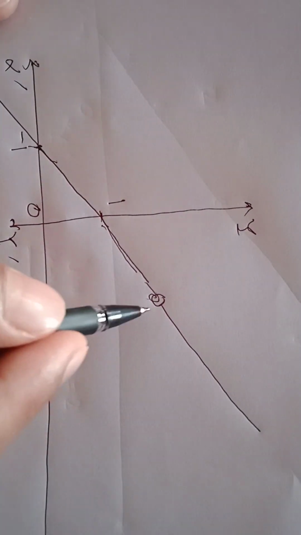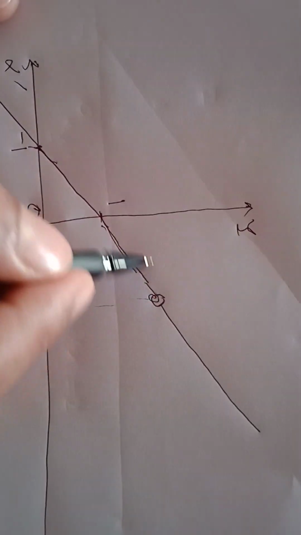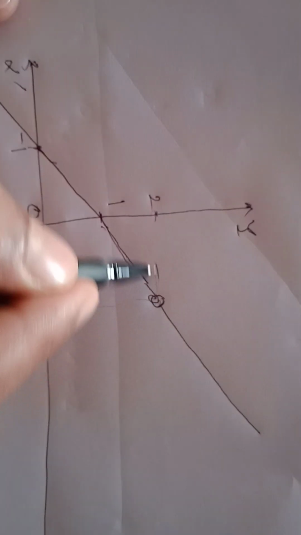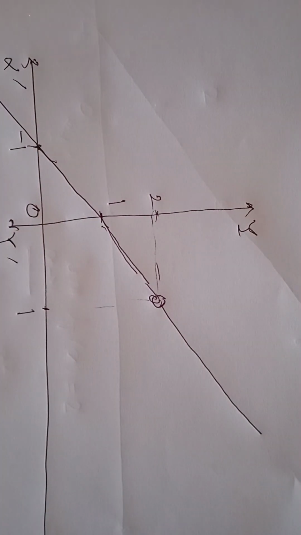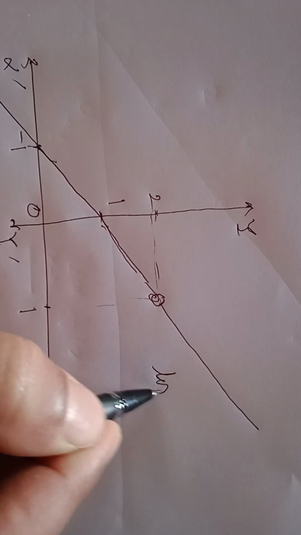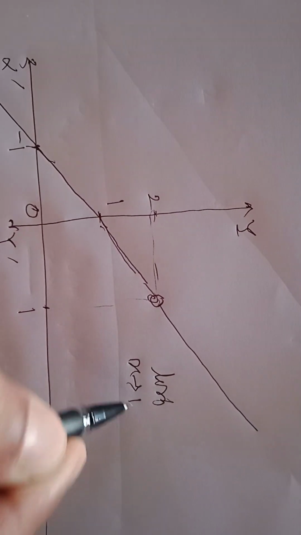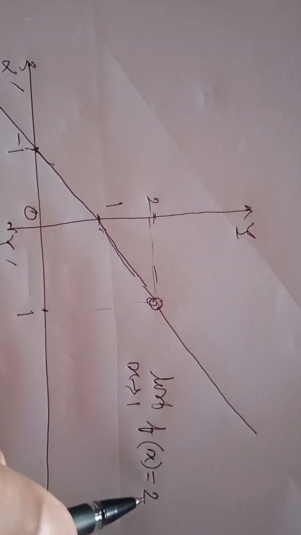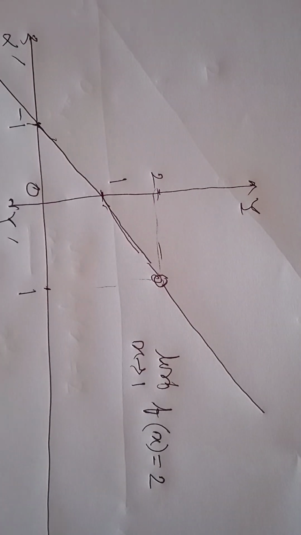So this is 2, and we already got that the limit as x tends to 1 of f(x) equals 2. You see that this function is not defined at x equals 1, but we got the limit value.